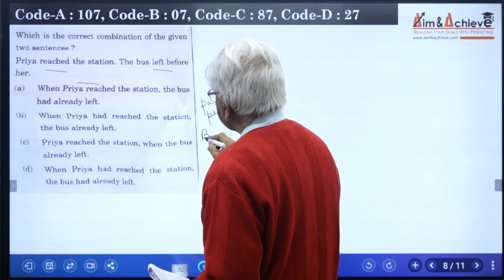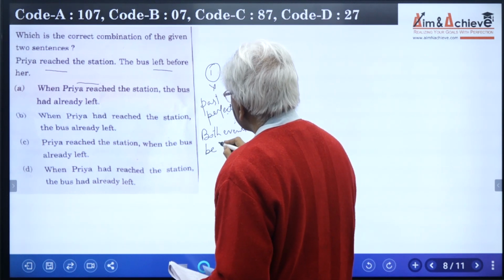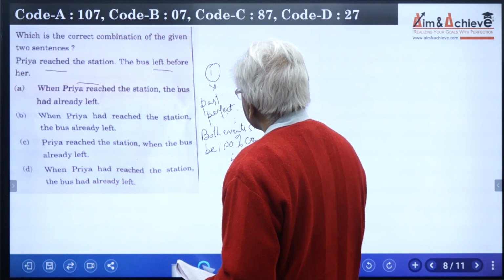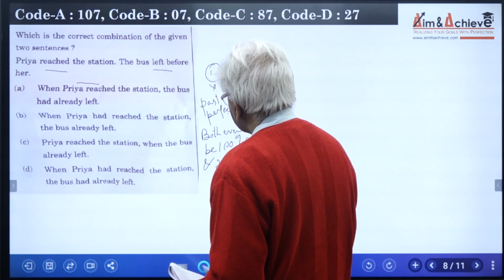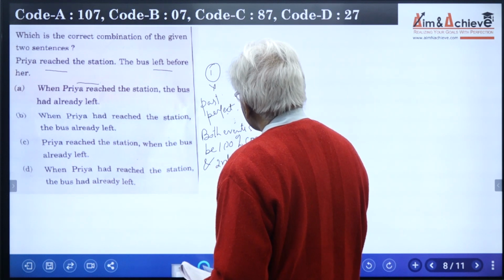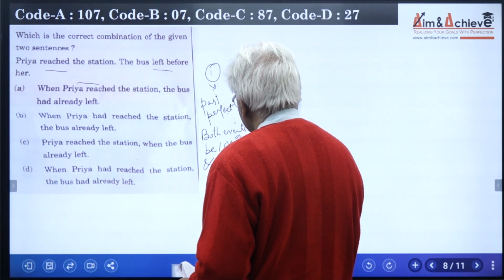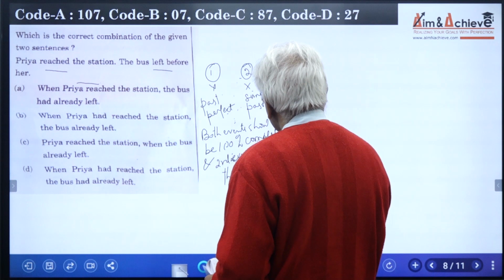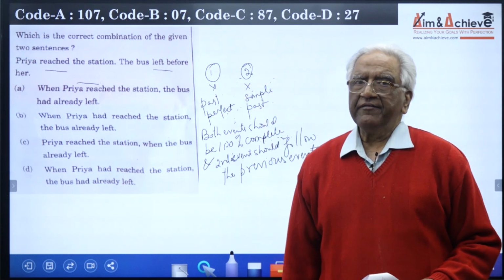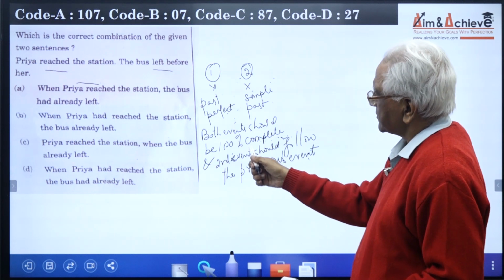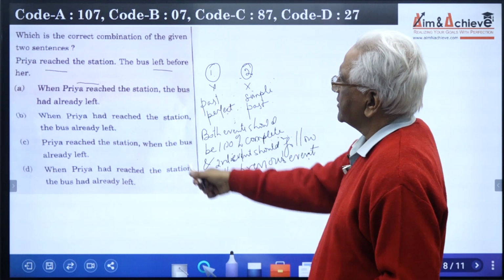The condition is that both events should be 100% complete, and event 2 should use simple past and should take place only after event 1 has been completed. So with this as the background, now let us start reading the sentences.